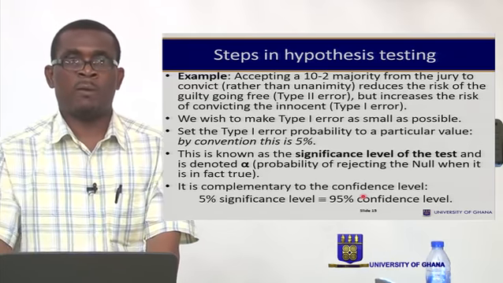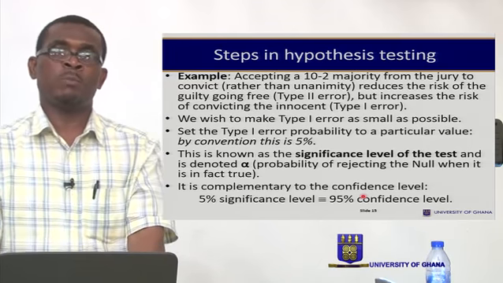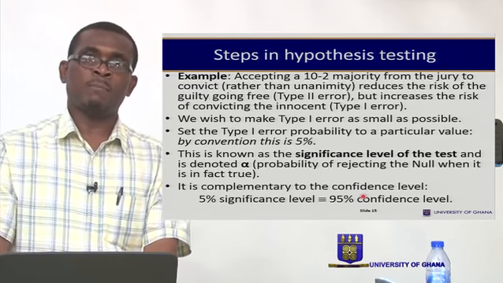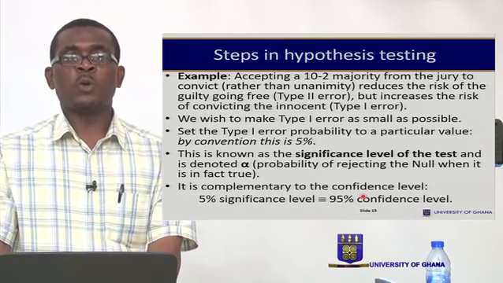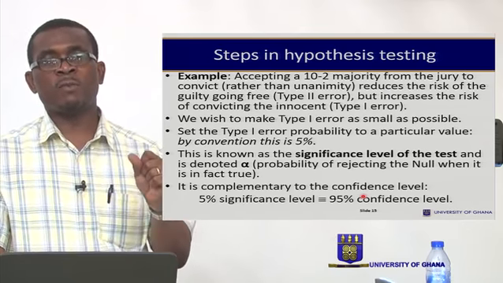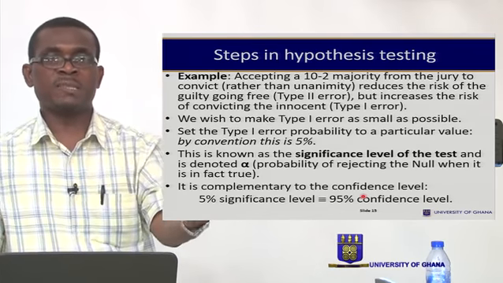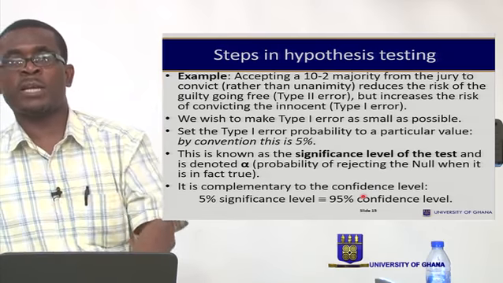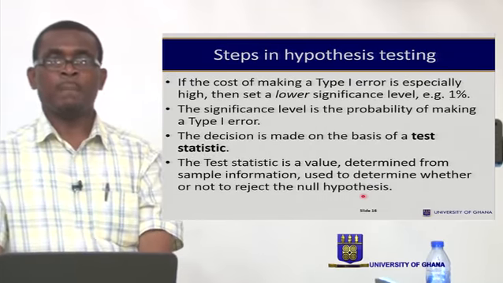That is type 1 error, right? And we want to minimize type 1 error. It seems to be more serious, right? Convicting the innocent. So the significance level is complementary to the confidence level. So a 5% significance level is equivalent to a 95% confidence interval. Okay?